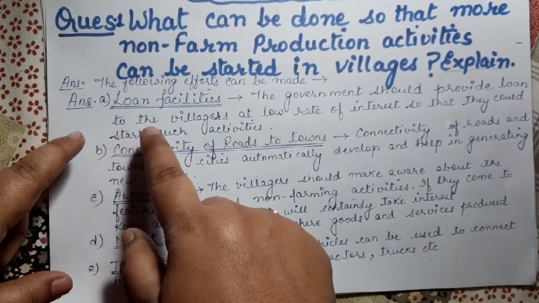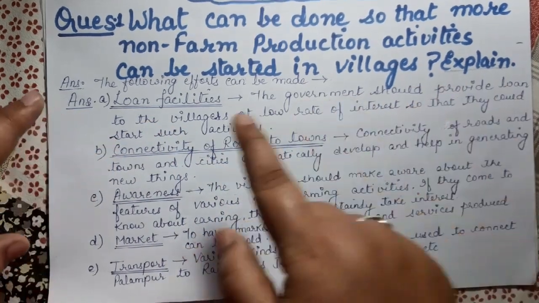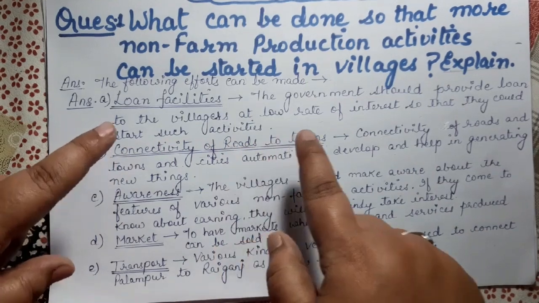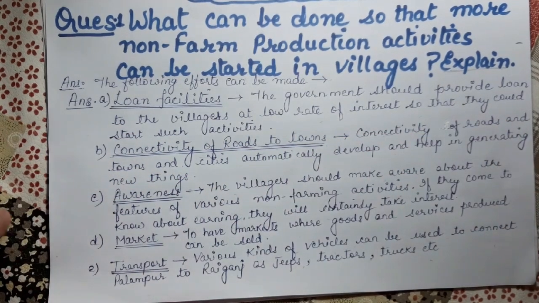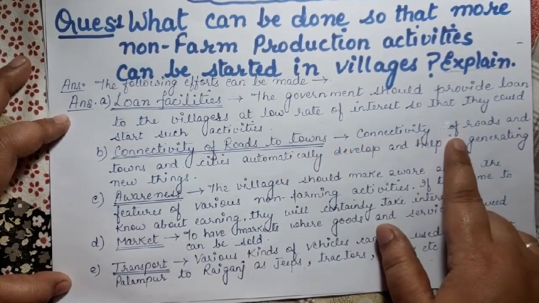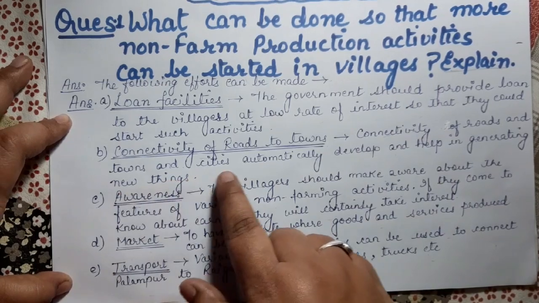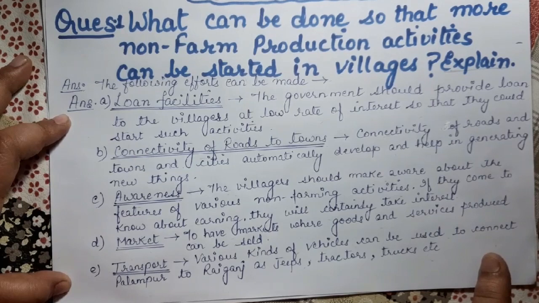First heading is loan facilities. The government should provide loans to the villagers at a low rate of interest so that they could start such activities. B. Connectivity of roads to towns. Connectivity of roads to towns and cities automatically develops and helps in generating new things.